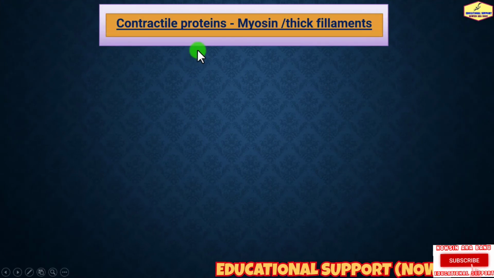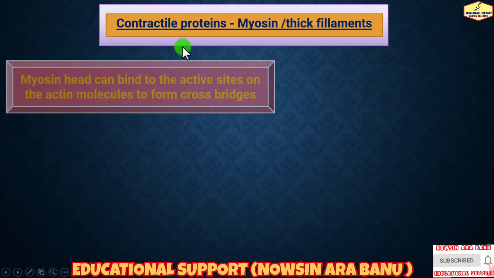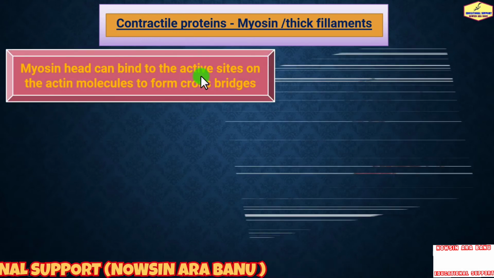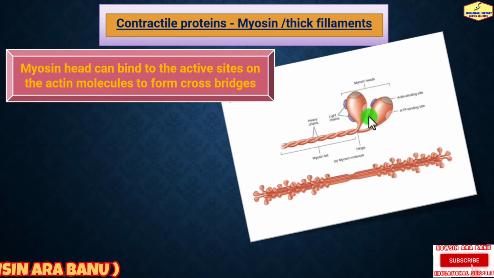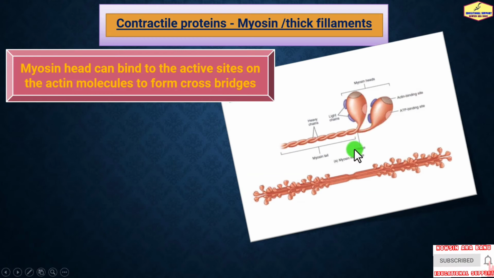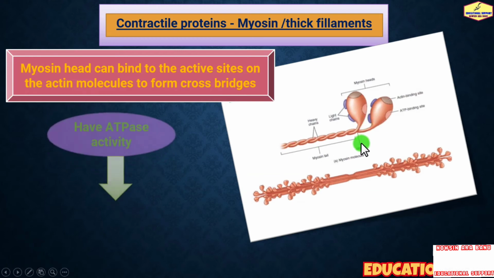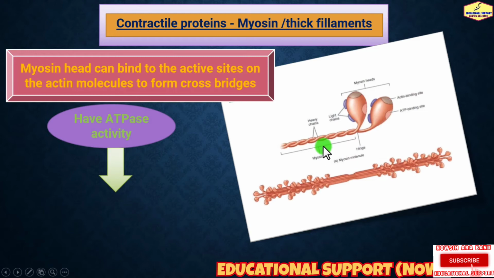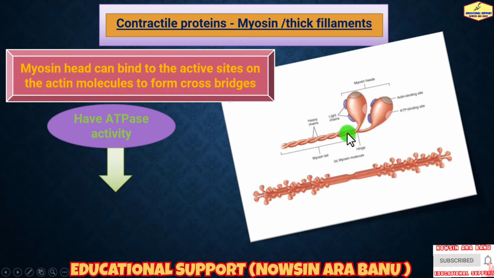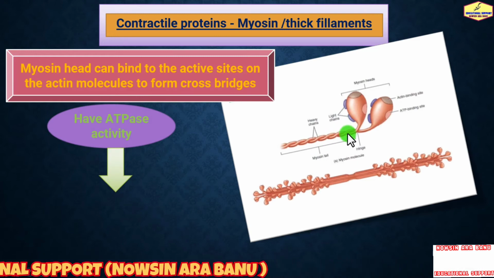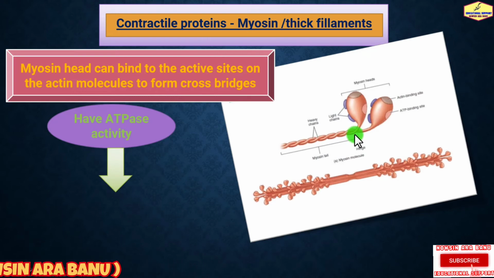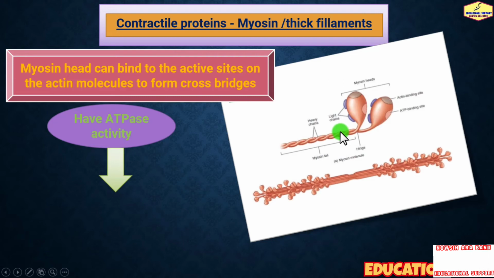The myosin head can bind to the active site on the actin molecules to form cross bridges. It is attached to the rod portion by a hinge region that can bend and straighten during contraction, and it has ATPase activity.